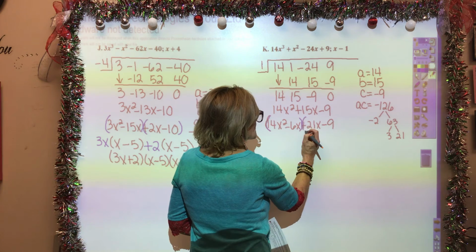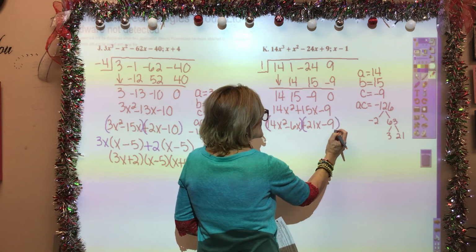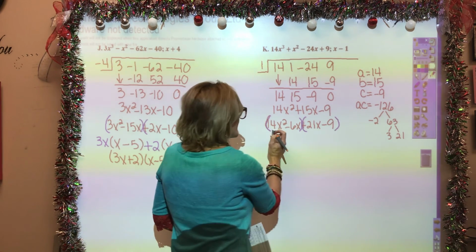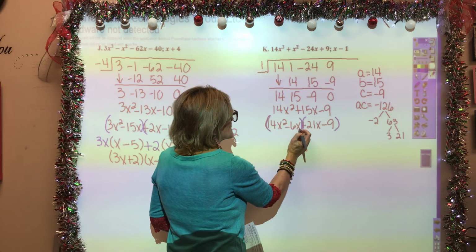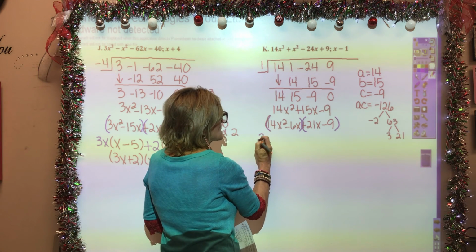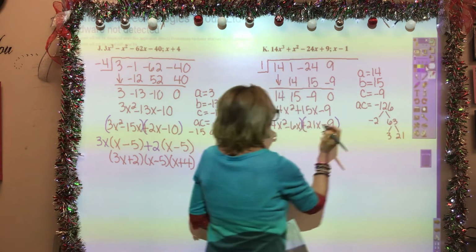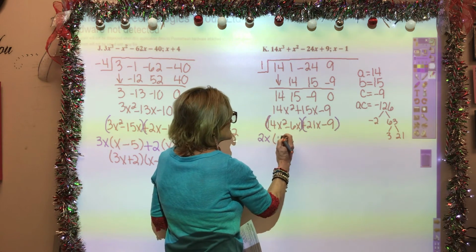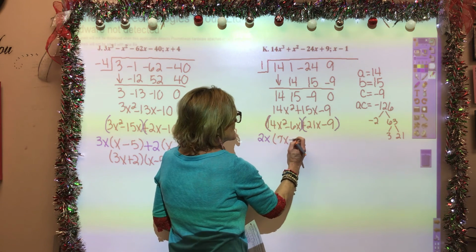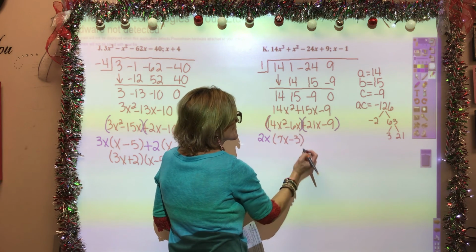I'm going to pair the plus 21x minus 9. Out of 14x squared and negative 6x, I can factor out a 2x, which will leave me with 7x minus 3.